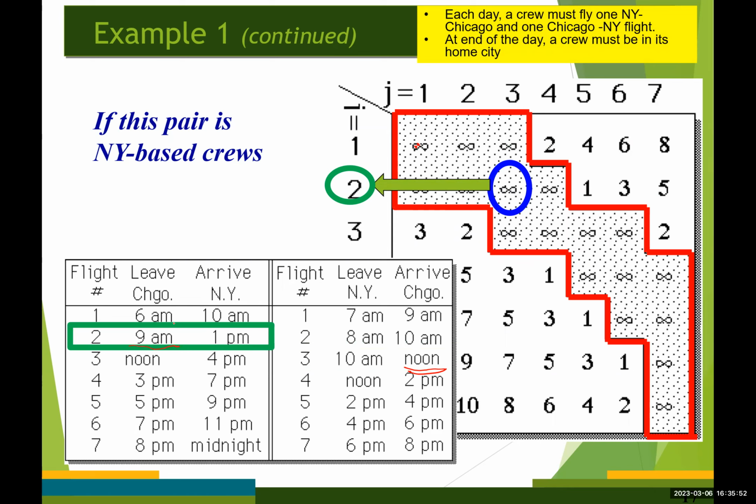Again, this violates two restrictions, right? At the end of the day, the crew must be in his home city, but he's not. And each day, he must fly one New York to Chicago and one Chicago to New York flight, but he didn't. So obviously it is impossible. So that's why I put plus infinite, a very large number, to prevent any assignment on this pair, okay?